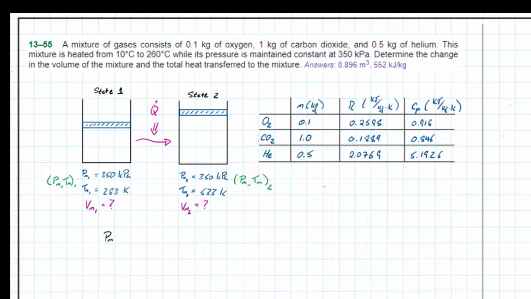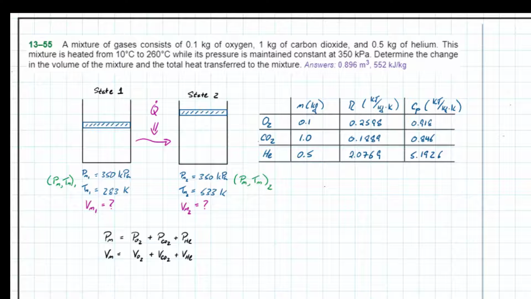The pressure of the mixture at any of the states will be the sum of the partial pressures: the pressure of the oxygen plus the pressure of the carbon dioxide plus the pressure of the helium gas. As well, the volume of the mixture will also be a function of the component volumes of the oxygen, the carbon dioxide, and the helium.